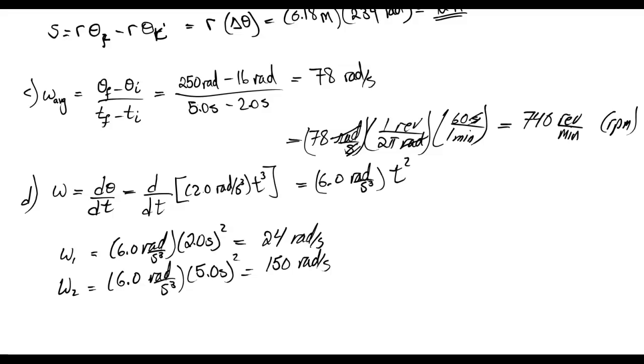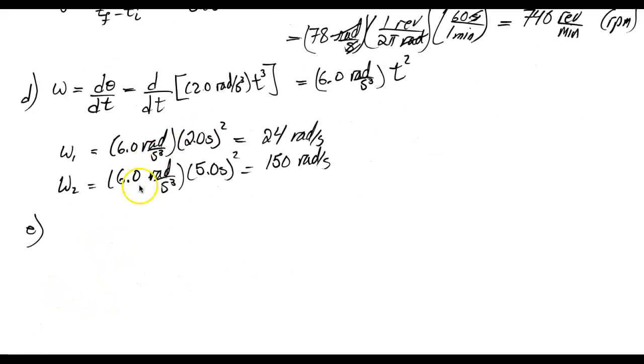Moving on to the next part, we're asked to find the instantaneous acceleration. So this is part E. The acceleration is given by the symbol alpha, and the average is omega 2 minus omega 1 over t2 minus t1.